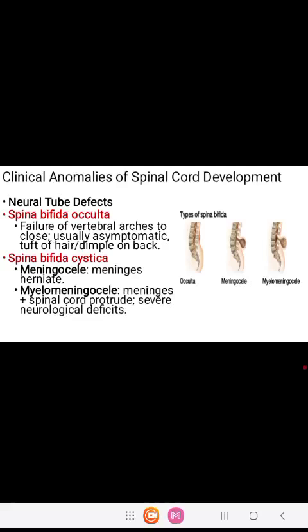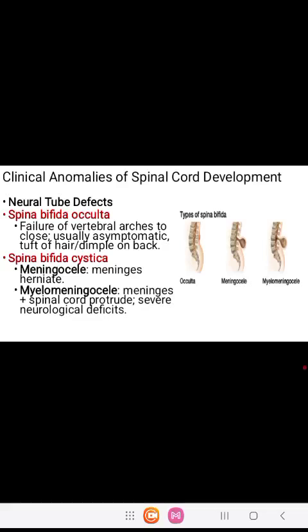All right, so the next one is the spina bifida cystica. The difference between the occulta and the cystica is, for cystica, there is actually protrusion of the meninges out of that region that was not completely fused, thereby causing the meninges hernia.